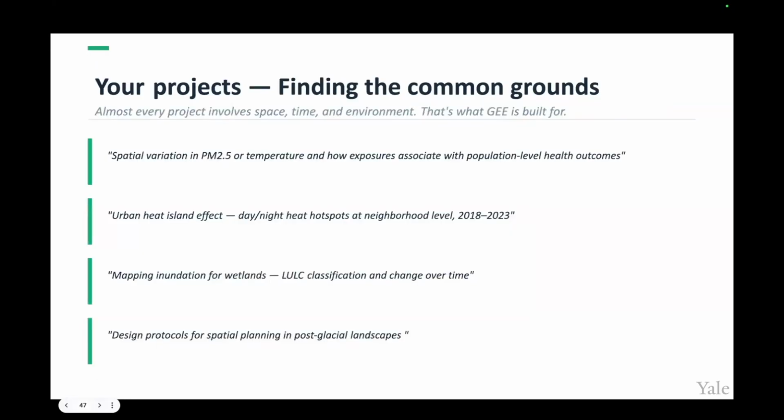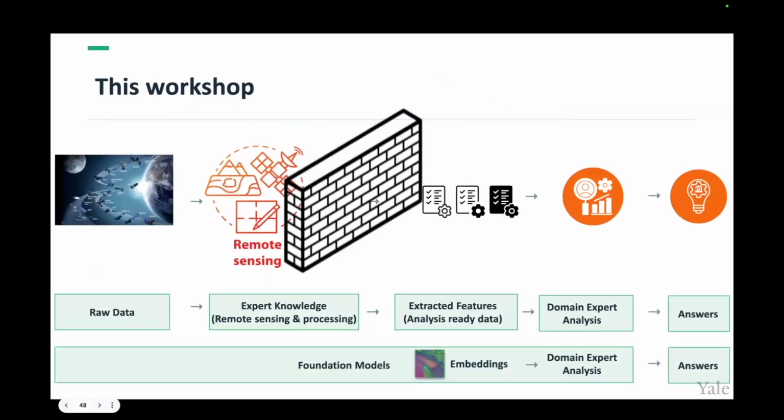So what we are trying to do is find the common ground, so that all of you can take away a useful piece.